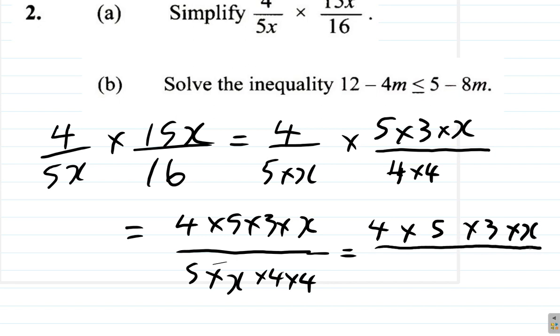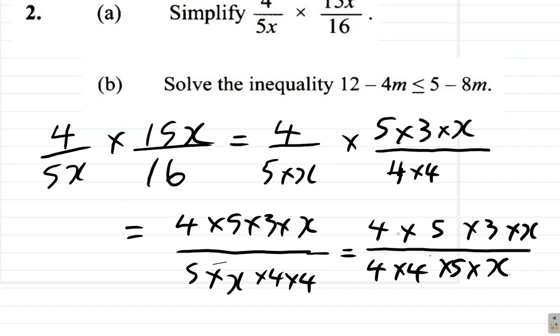But I can put each individually here as over 4 by 4 by 5 by x. 4 we cancel 4. This is the same as 4 over 4, you know.